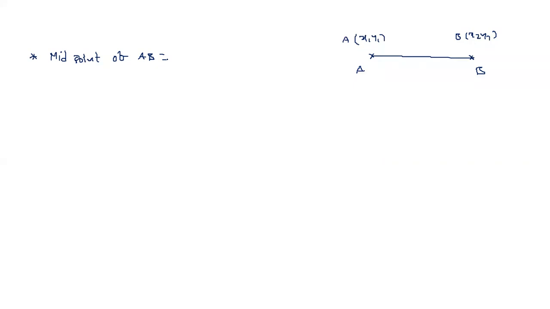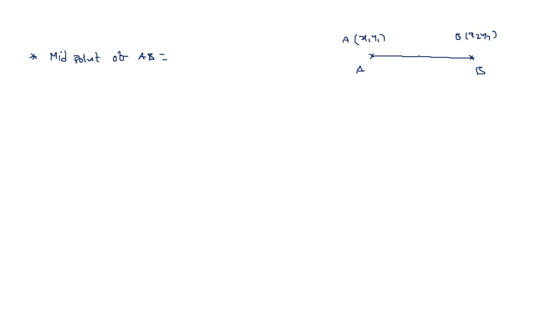Sir, (x1 plus x2) by 2, comma (y1 plus y2) by 2. But what is the logic behind that? How can we derive the midpoint of two points? What is the meaning of midpoint? When can you say this is the midpoint of a line?